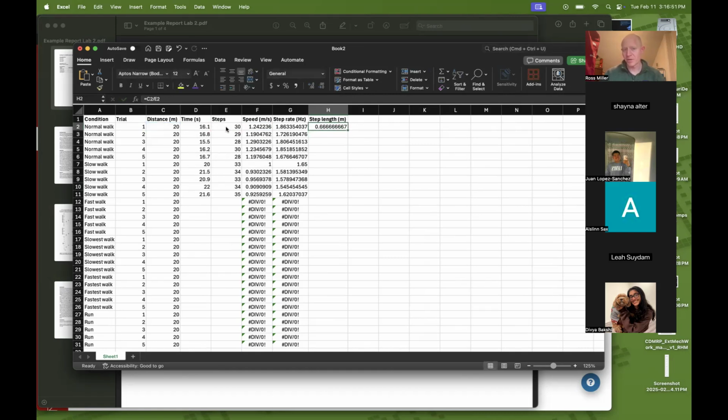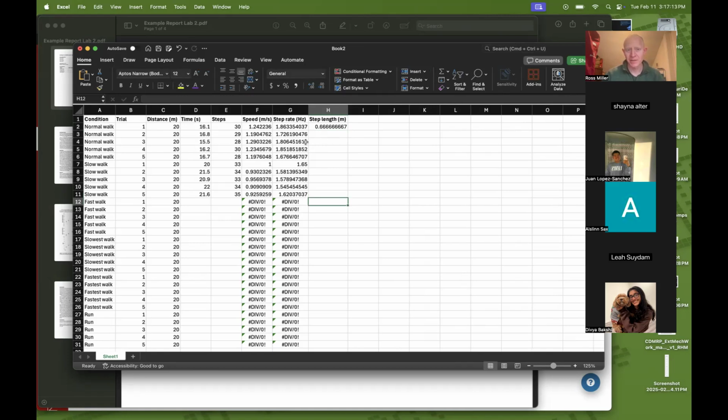And notice in both of those examples, so notice here 0.6666, and so on, if I do it the other way, speed divided by step rate, I get the exact same number, right? So a couple different ways you could do this calculation, but because these variables are all connected and related to each other biomechanically and through the physics involved, it doesn't matter which way you calculate it, do it either way and you get the same result.